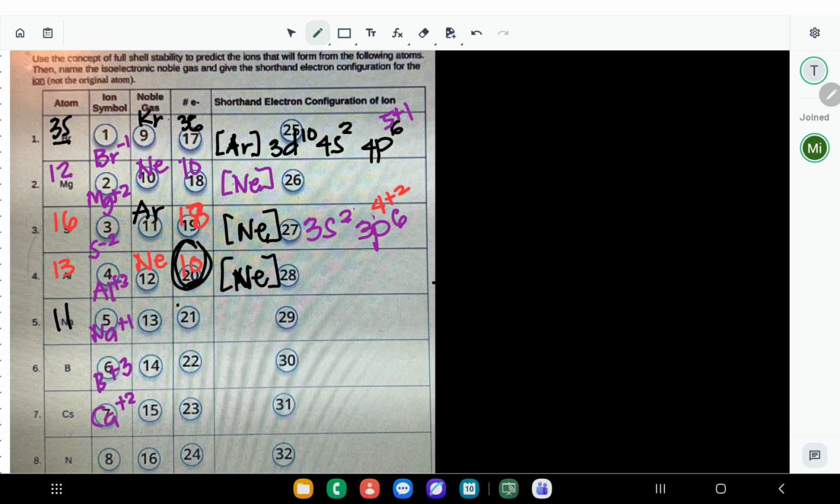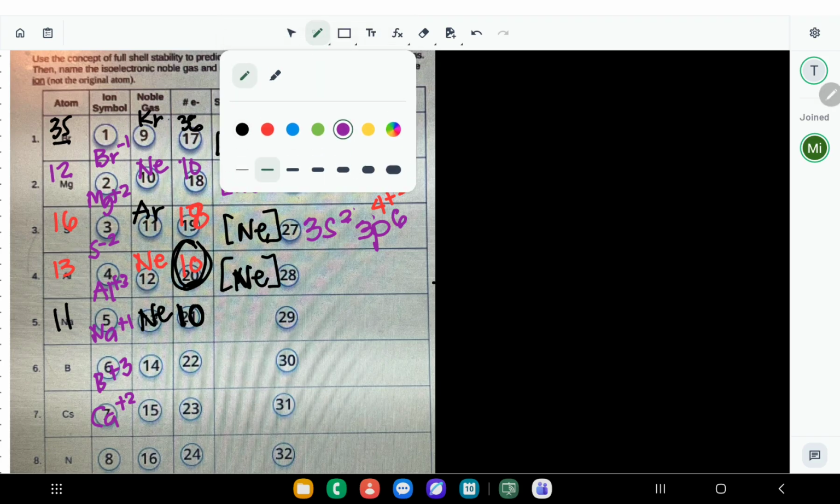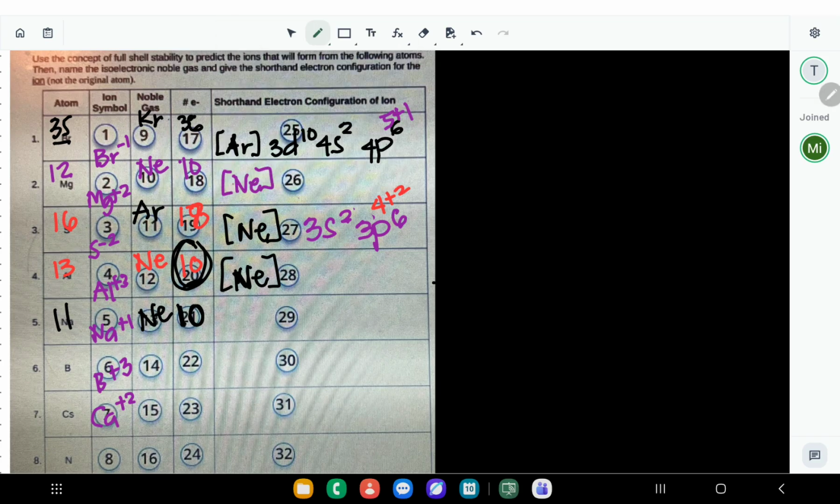The number of electrons now for the ion is 10. The noble gas that has 10 electrons is neon. So this is neon again. And what is the noble gas right before sodium? Isn't it neon again? So neon.